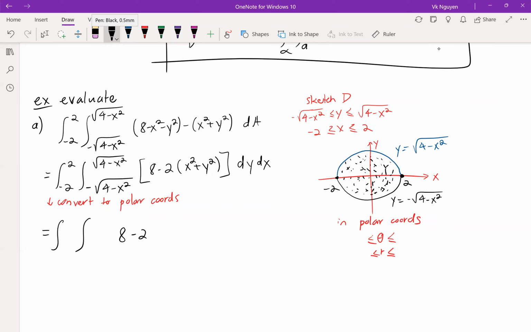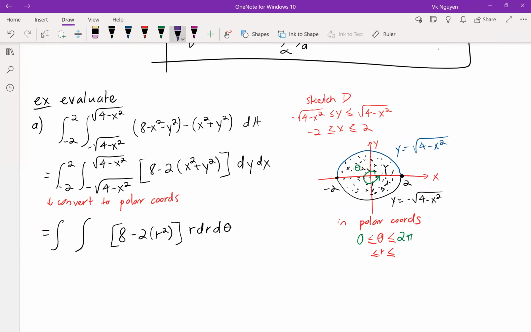X squared plus y squared is r squared, and dy dx is r dr d theta. This is a disk, so the angle theta goes from 0 to 2 pi.